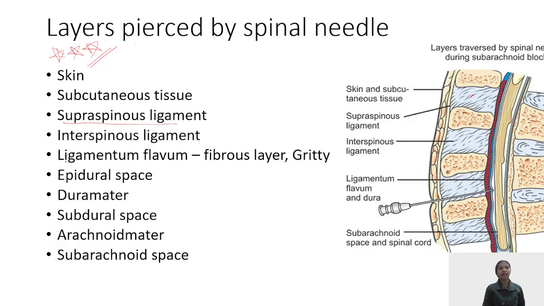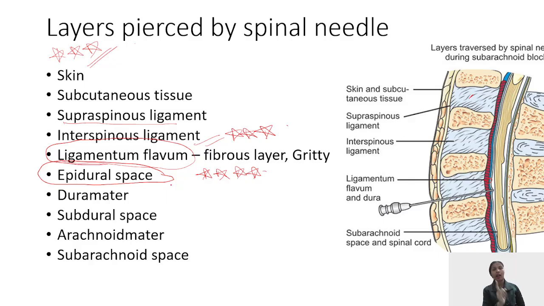That is your ligamentum flavum. This is the layer which has to be pierced, and just after piercing the ligamentum flavum comes your epidural space. This is where the epidural drug, the local anesthetics for epidural anesthesia, are deposited.